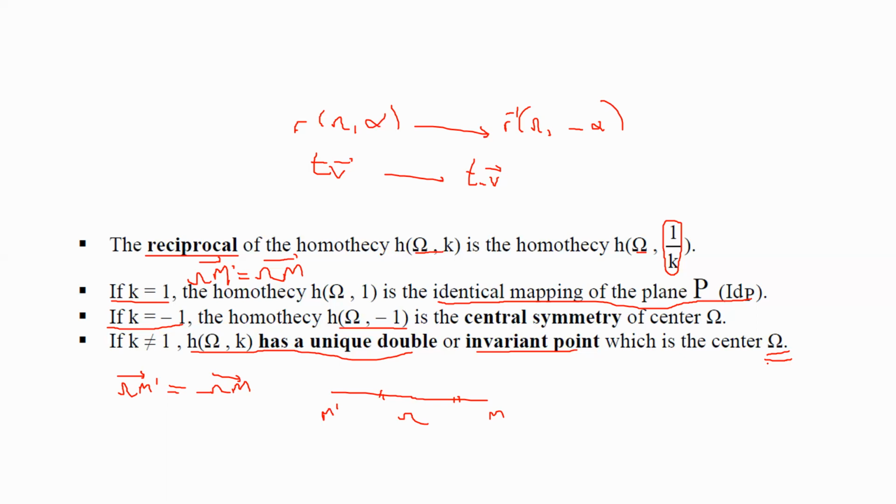If k equals minus 1, omega m prime equals minus omega m. Then omega is the midpoint of m m prime, and m prime is the symmetric of m with respect to omega. In this case, we call it central symmetry.